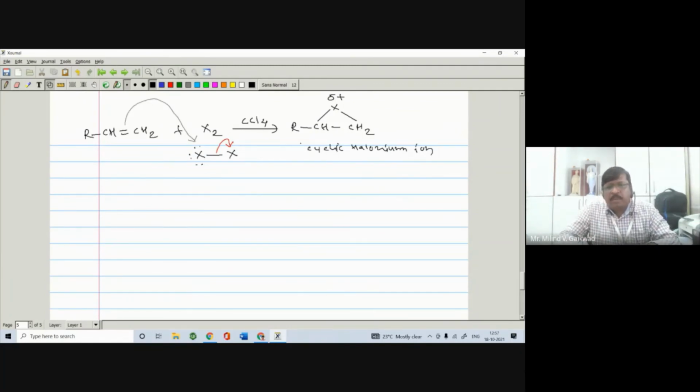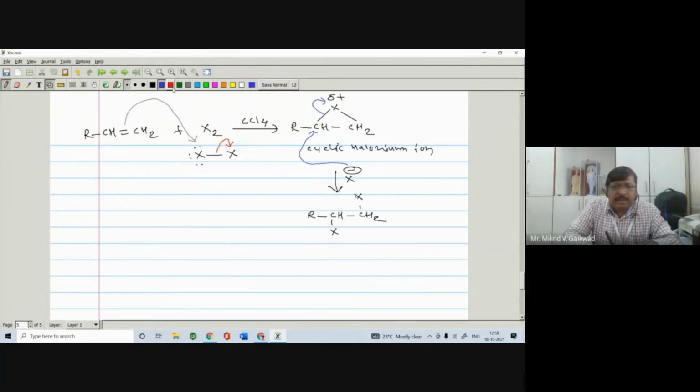So there is a formation of such a cyclic halonium ion, and further the next molecule of X negative will attack on this carbon, either this carbon or this carbon. Suppose here this sigma bond opens on this X, neutralization of the X positive, and this X negative will attack on this C positive, and you are getting here R, CH, CH2, X, and X. So you are getting a 1,2-dihaloalkane, right?